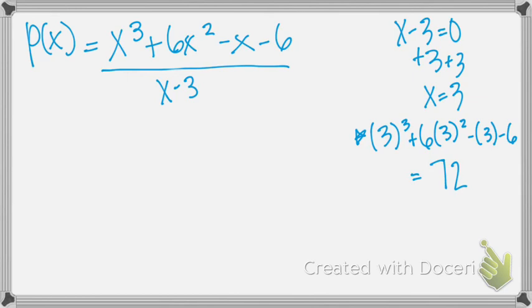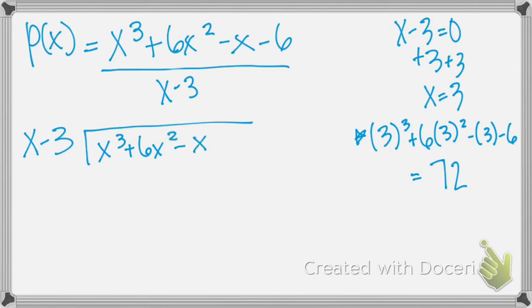So, I'm going to divide. It goes x squared times x minus 3 is an x cubed minus 3x squared. We subtract.